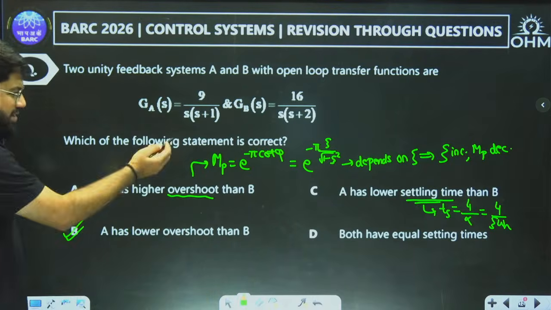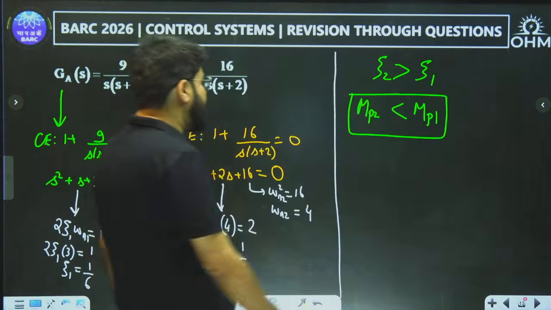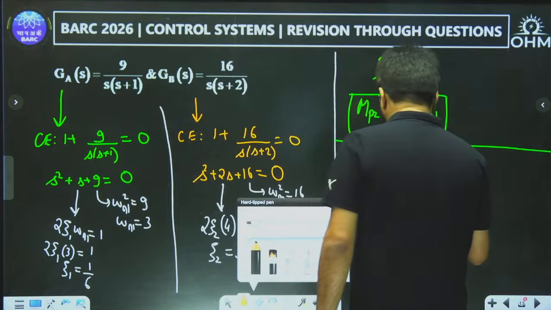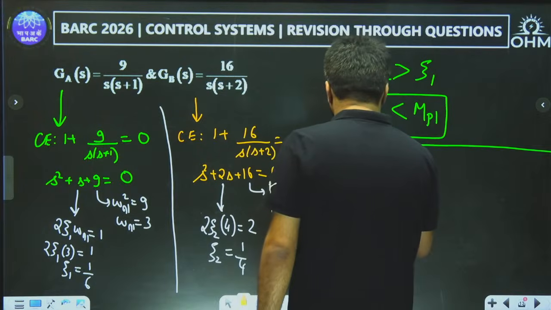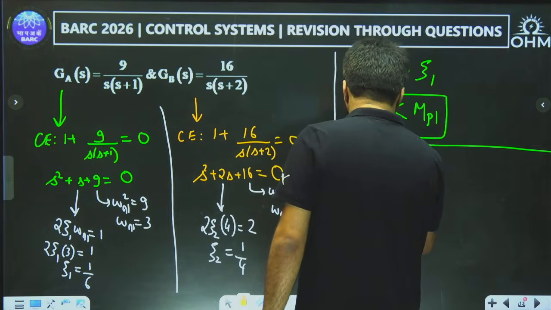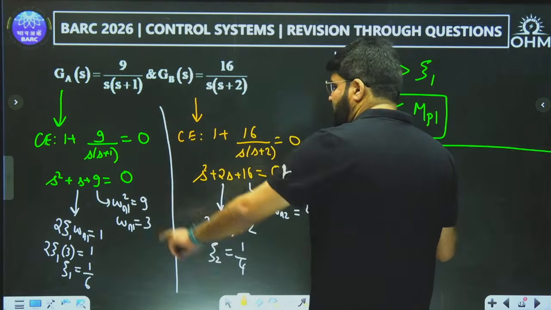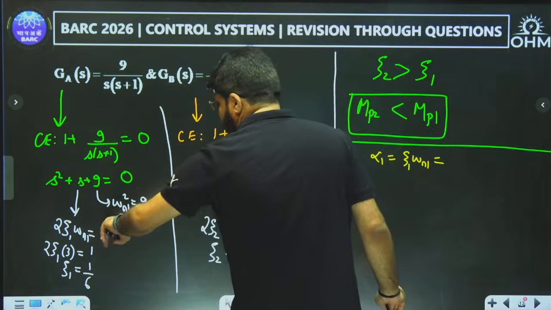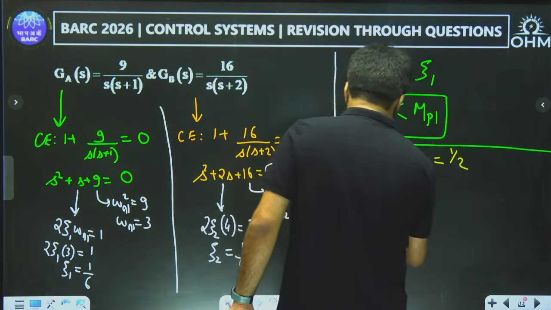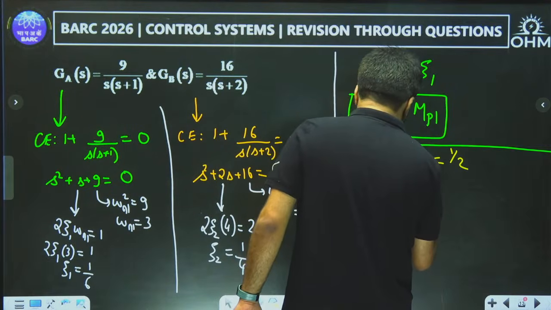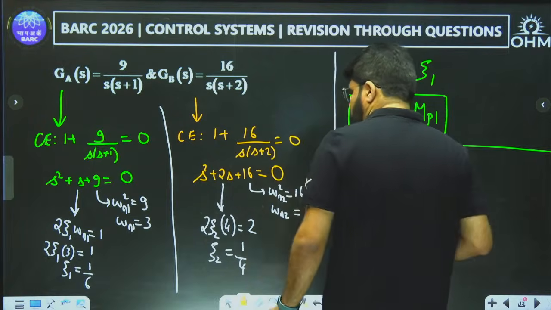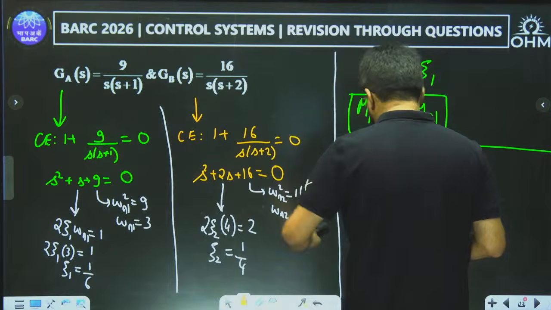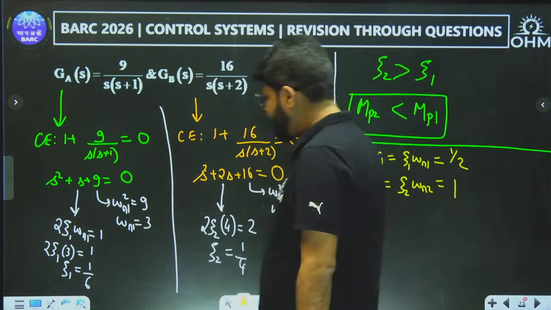But I'll still tell you about settling time. Now, for the settling time comparison, what is alpha 1? Alpha 1 is directly zeta 1 omega n 1, and from here it will be 1 by 2. Alpha 2 is zeta 2 omega n 2. The product of zeta and omega n, with 2 and 2 cancelled, is equal to 1.